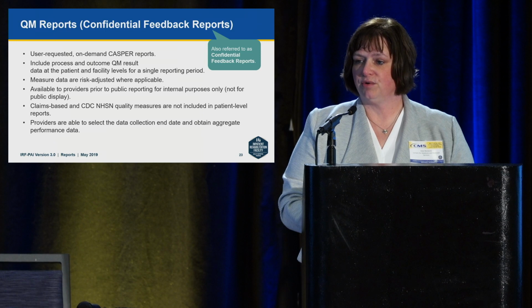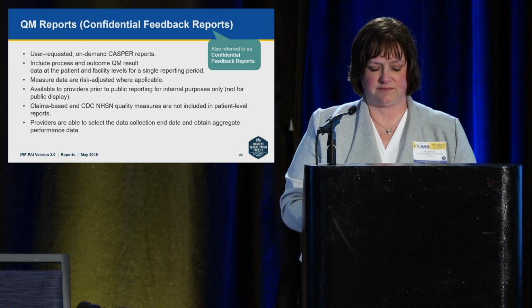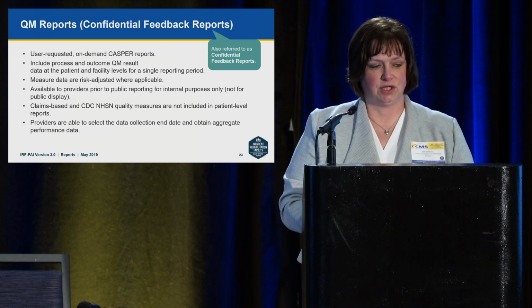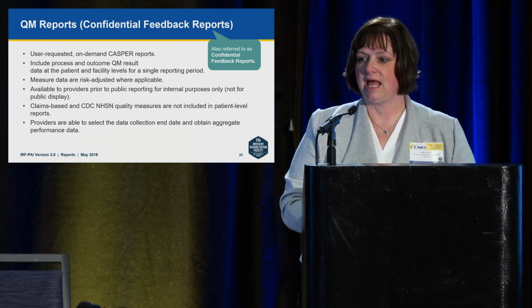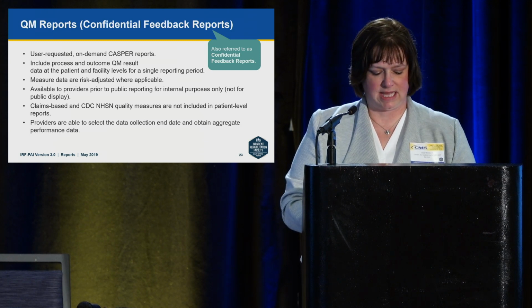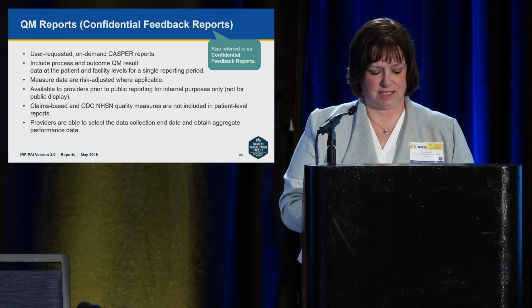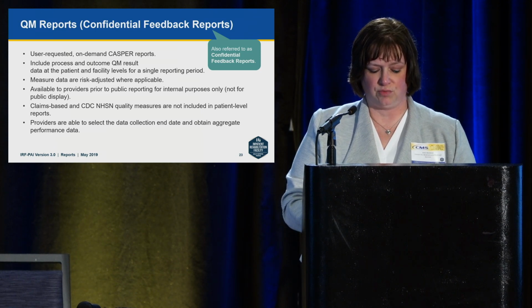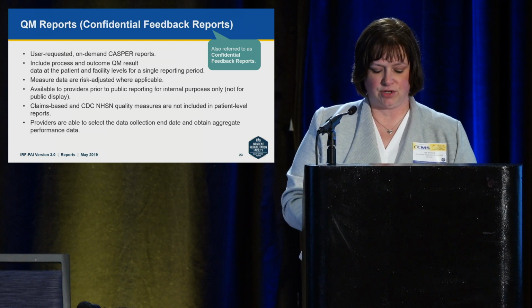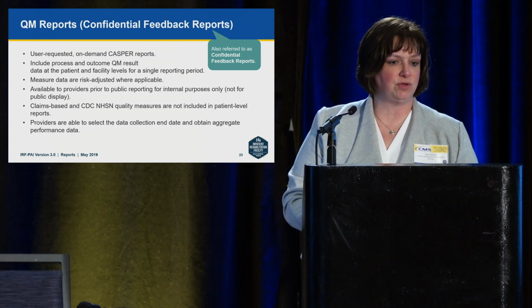When you're requesting the QM reports, you can specify the reporting period of choice to obtain your aggregate performance data for the current and past 3 quarters. It's important to keep in mind that depending on when you run the report, the current quarter may only include partial data.